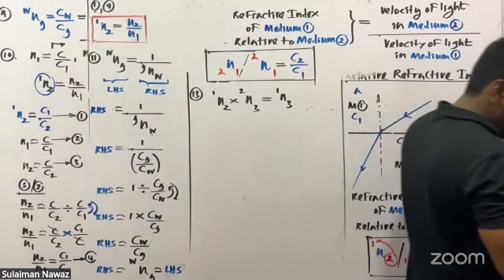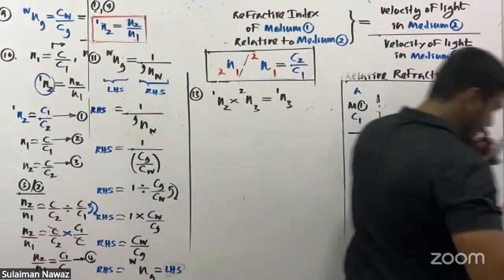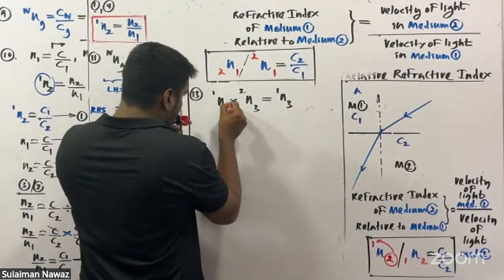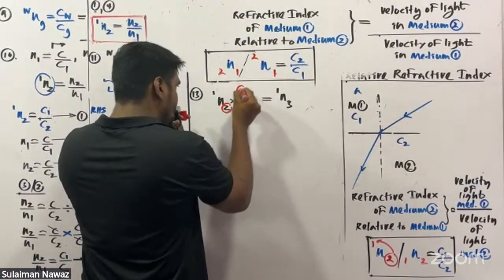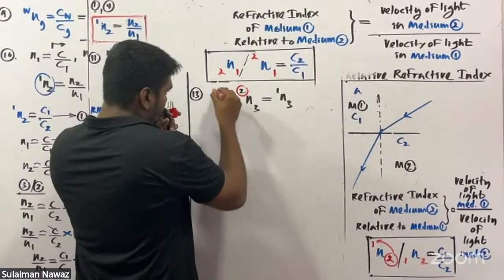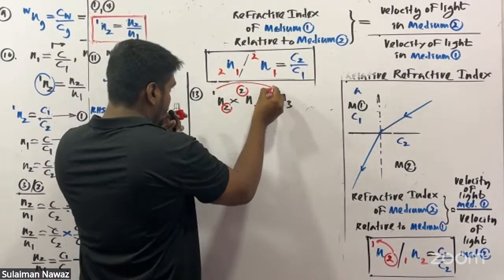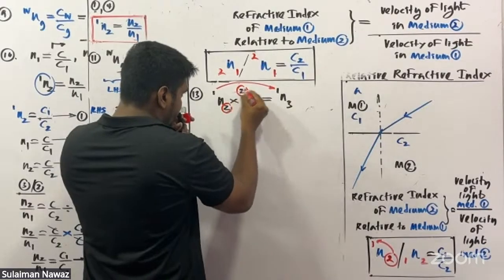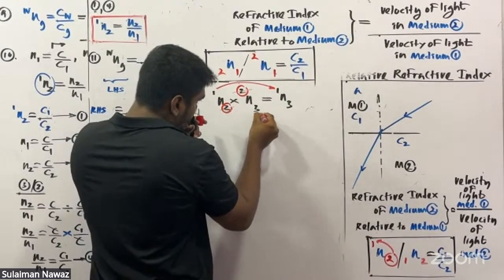When you look at this roughly, what happened to medium 2? Medium 2 has disappeared. 1 is at the top. The intermediate medium has disappeared. 3 is at the bottom.